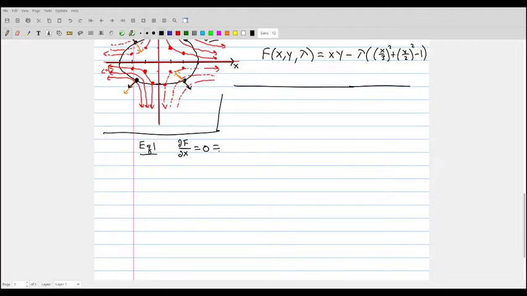The x partial derivative of capital F is going to be y minus, and when you compute the derivative with respect to x of this expression, you're going to get 2 lambda x over 9. And there's no more x variables up here, so this is our equation 1.